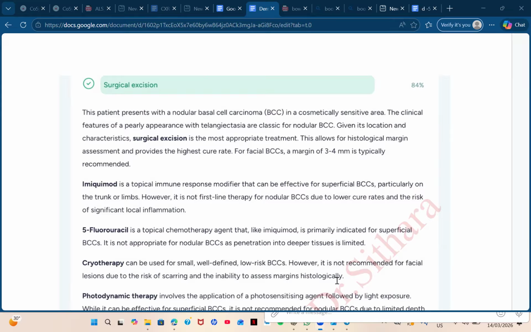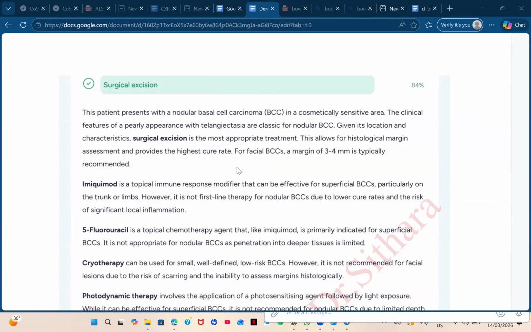Imiquimod, good. So usually we can use imiquimod 5% cream topically, or there can be liquid nitrogen therapy as well, right?